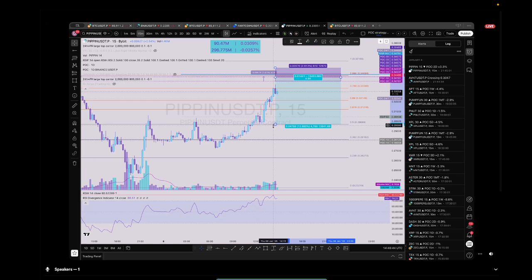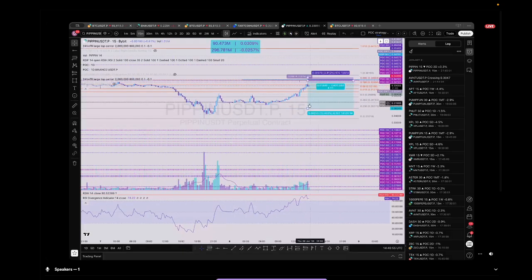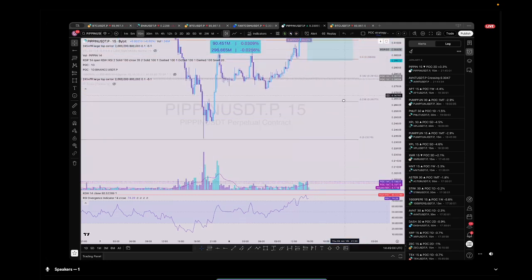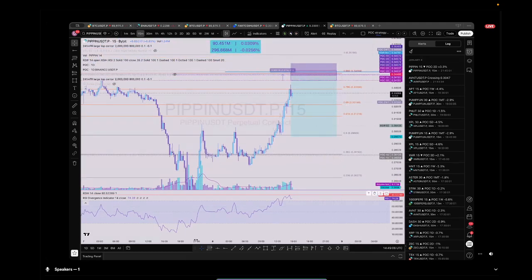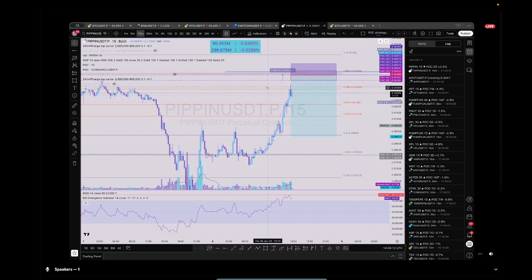So that's why it gets very interesting for me. 6.5 and 8.5. Okay, let's keep an eye on this Pippin. If we play, we can play with half risk. So we put an alert.